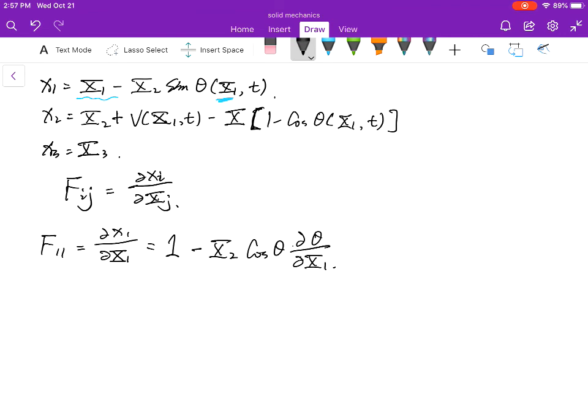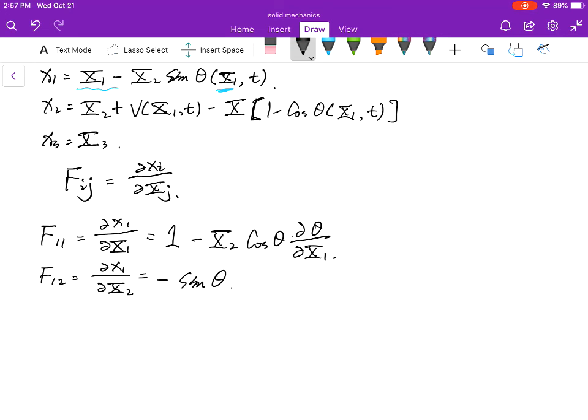And for F12, partial x1 over partial uppercase X2 is equal to minus sine theta, and also F13, partial x1 over partial uppercase X3, is equal to 0.